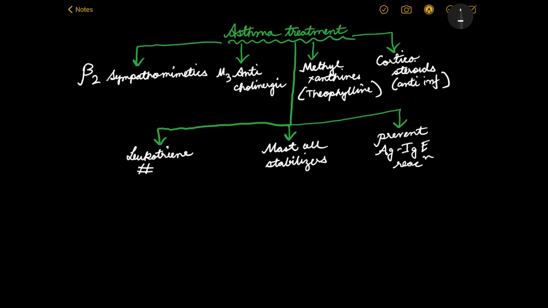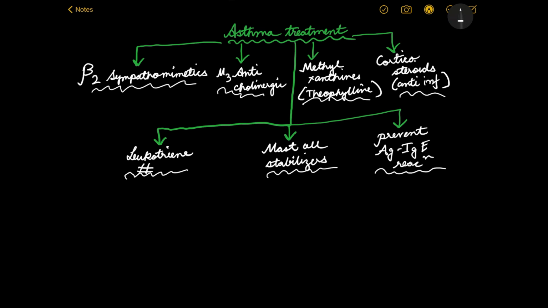Okay. So this is more or less the entire asthma treatment flowchart. All of these have different drugs under them and work by different mechanisms, but you don't have to worry because it's pretty simple, it's pretty logical, and from the next video onwards we will go into the details of each of these.